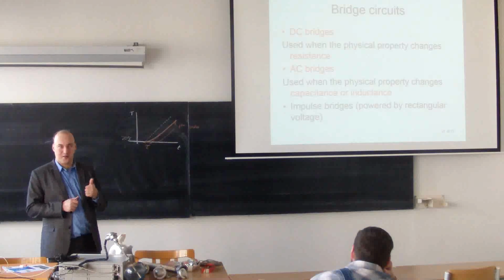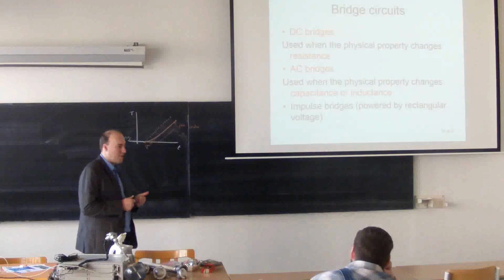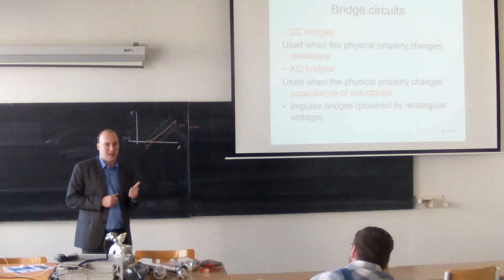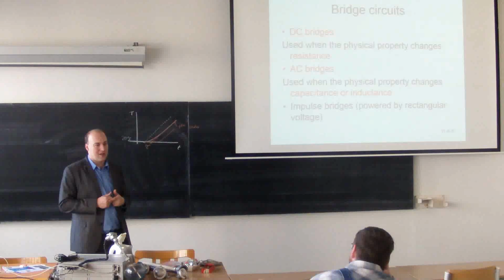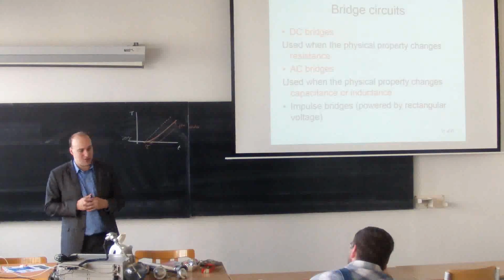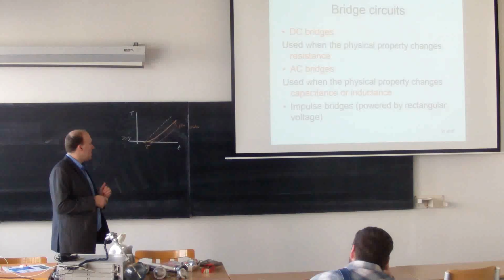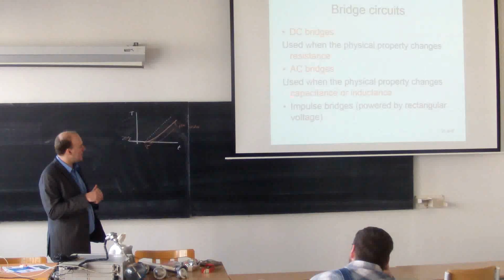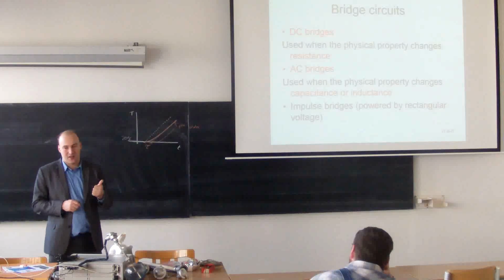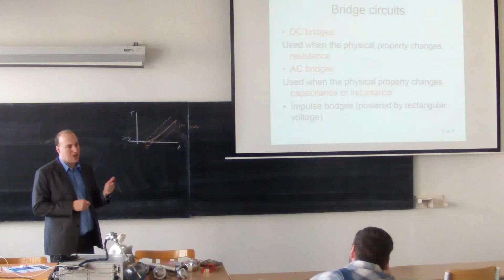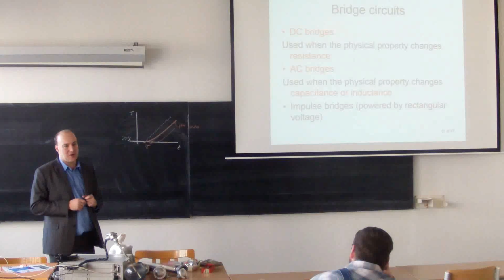If it's changing an AC property, like capacity or inductivity, you have to take an AC bridge. The connection is similar to the DC bridge. We will not discuss AC bridges. So when the sensor changes capacity or inductivity, you need to use an AC bridge.